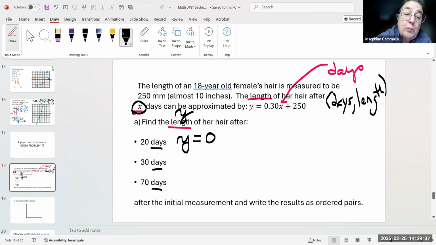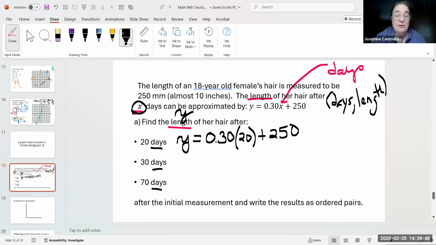This is 0.30 times 20 plus 250. Okay. Now, remember, you're doing this problem at home. Well, I don't care if you use a calculator at home, because some of these numbers, I regret, are going to be big.